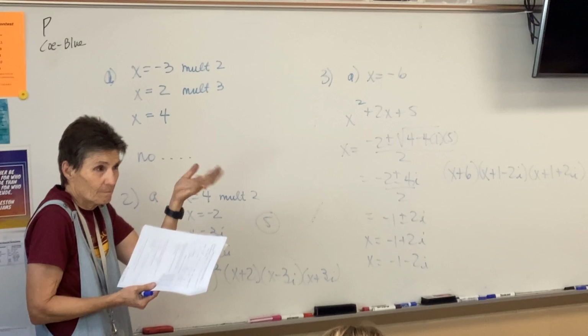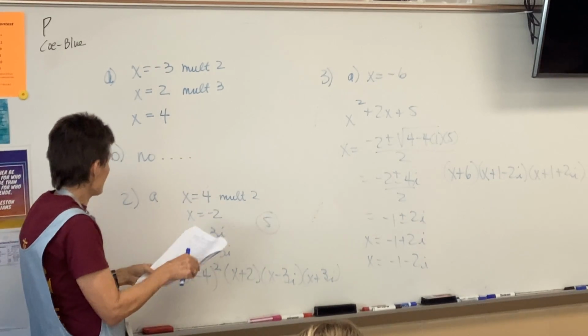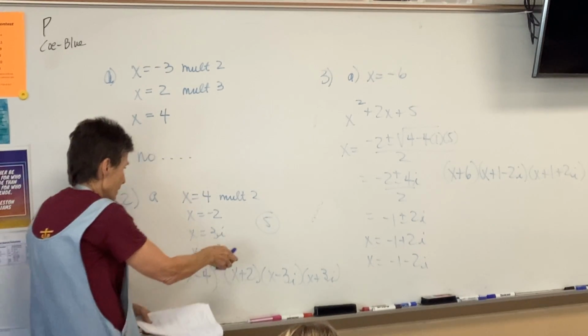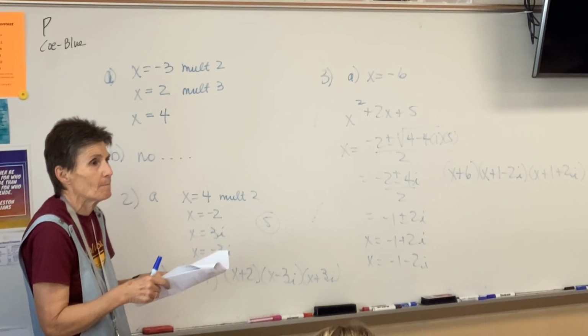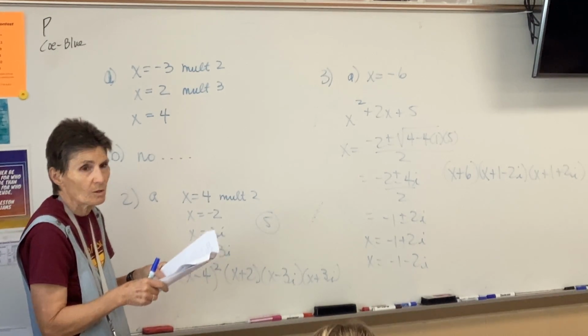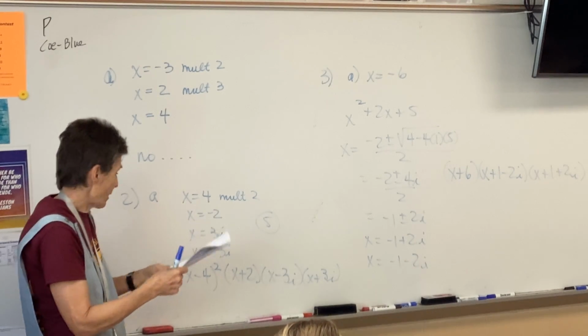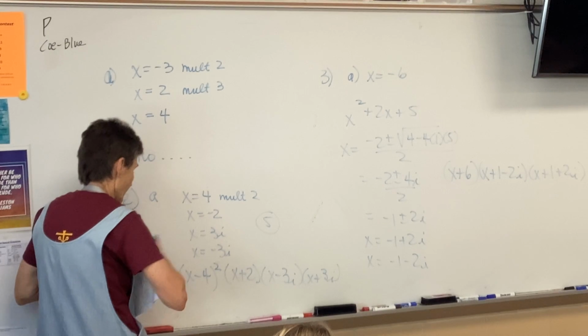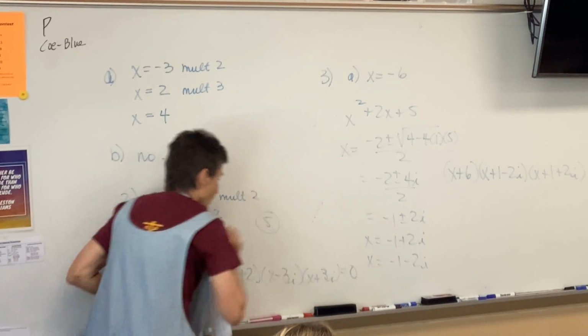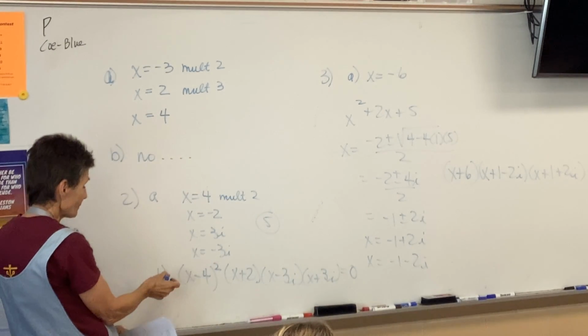Good? Okay. Then this one, I said 5. I said it had to have multiplicity 5. What do you think about that? Is that what you all said? Good? And then I wrote my equation. Oh, actually, I didn't really write an equation. Okay, I wrote my equation.